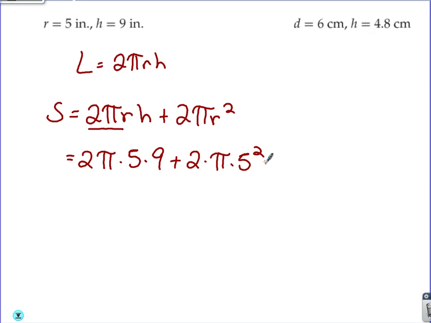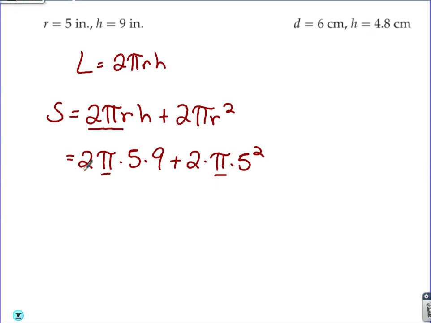From here down, you have two options, and it all depends. Look at your 4 answer choices, or if it's ACT, look at your 5 answer choices. See what they look like. If they are decimals, what do you do? Type all this straight through your calculator, and it's going to give you decimal answers. If they are exact, what do you do? Leave pi.